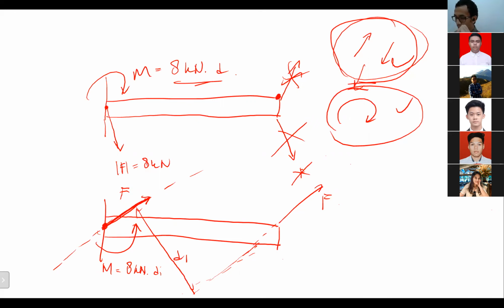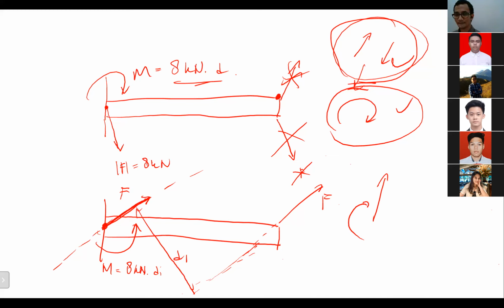So first couple moment, first couple system here is just the same as first moment system actually. Because we always know, we normally represent it like this. This is what we call the first couple system or first moment system. Okay?